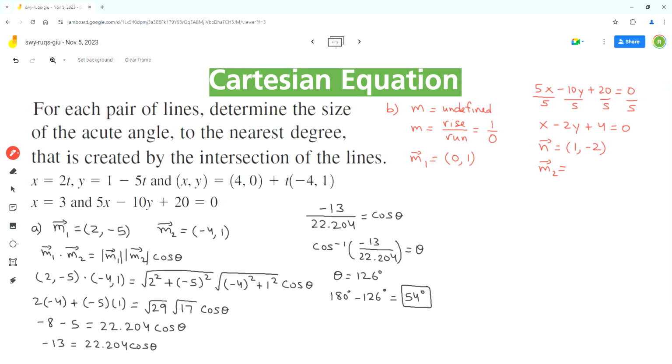So we can change the sign on 2. This can be the direction vector of the second given line. Next, we should find the angle between these direction vectors, and that will be the angle between the lines. For that we'll use the dot product equation.